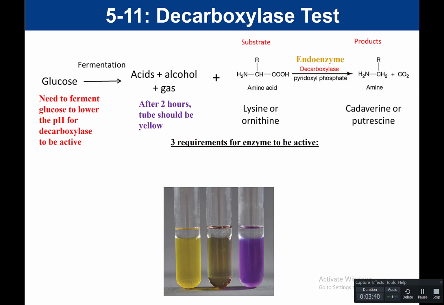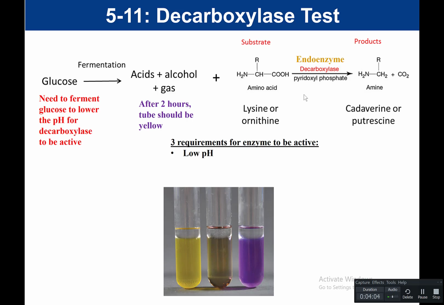Now, in order for this reaction to occur, we have to have 3 requirements. Enzymes, you're going to learn, often are only active under certain conditions. That's used for the cell to conserve energy, meaning they don't want to produce these enzymes and have them active all the time.